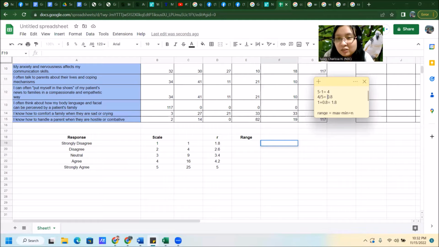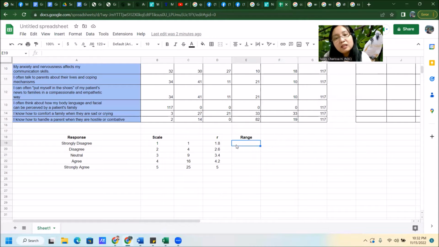So, after we get the 0.8, we have to get again the minimum value plus x. So 1 plus 0.8 is equal to 1.8. So we put it here, 1.8. 1, because that is the lowest Likert point. So what is this R? This is the coefficient of range.